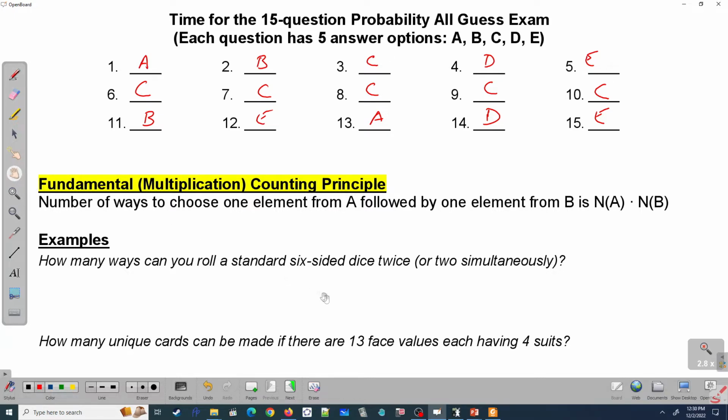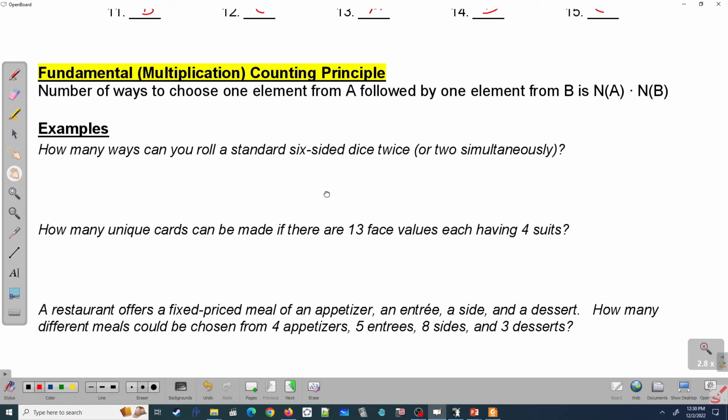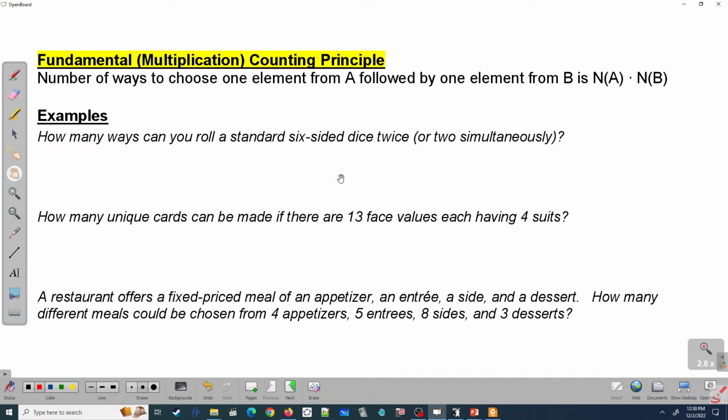So let's just take a look at something that we've already talked about, actually 2 different examples. One of the examples is rolling a 6-sided die twice. And you could say I'm going to roll a black die, times, and over here would be the second die, usually a white die. I'll just put it in green.